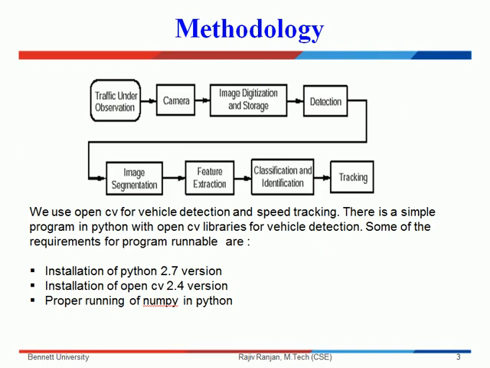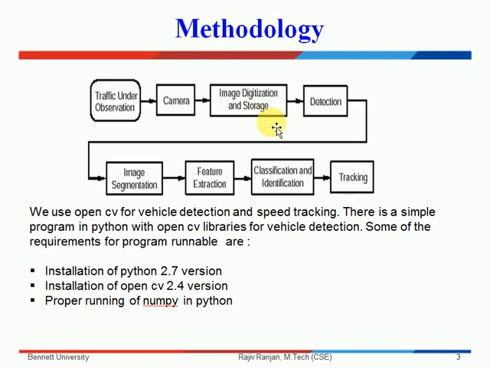So the methodology of this project is first traffic under observation, and the observation will be done through the camera. After that, image digitization and storage. So whatever image is captured by the camera goes for the process of digitization. Various image processing methods are included in this image digitization.